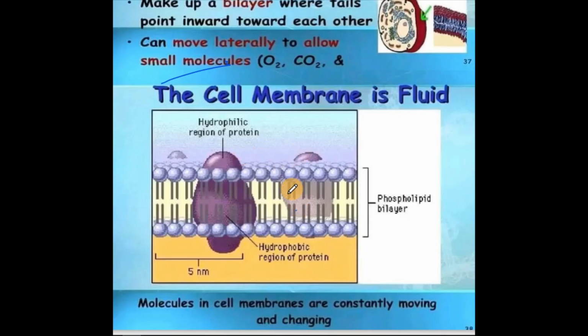Then outside and inside are the hydrophilic portions. Outside the cell is an aqueous portion, which must have a strong interaction with the glycerol. Inside the cytoplasm too is an aqueous portion, which also needs a strong interaction with the glycerol head.